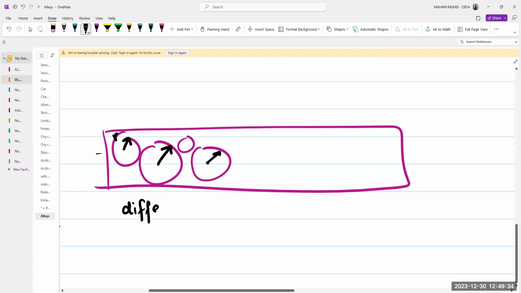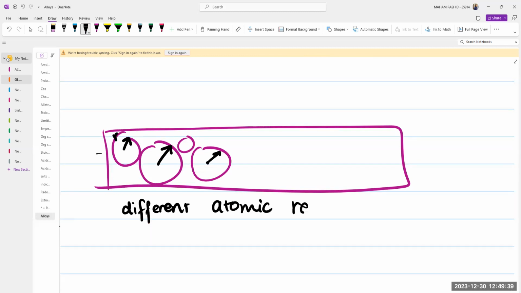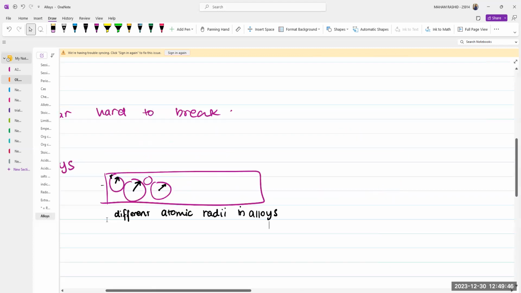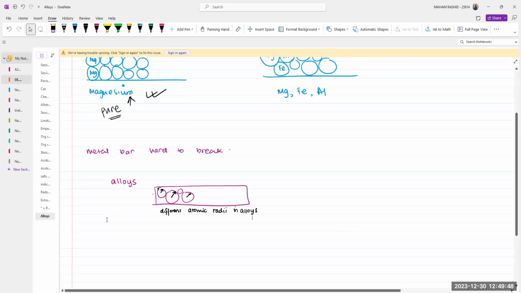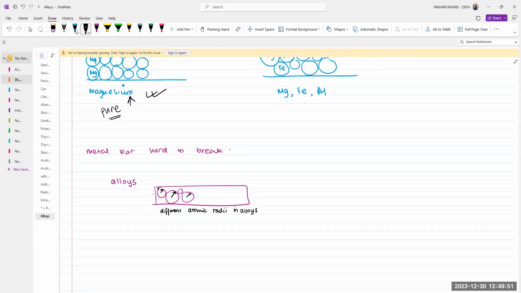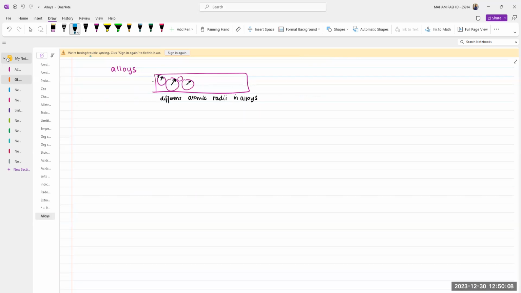So we have different atomic radii in alloys. And these atomic radii help us to easily break our alloy. Matlab, it's easier to break than a normal piece of iron, right? So the layers can easily slide over each other. Now we'll write some notes on alloys.